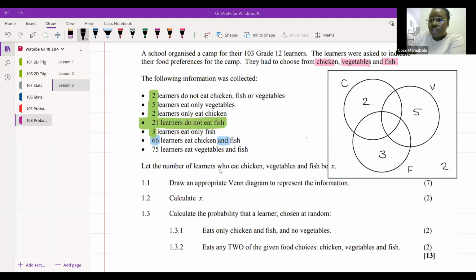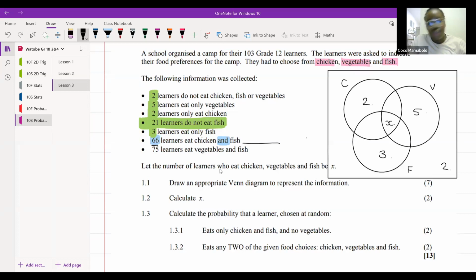Do we know how many students eat all 3? No. So what are we going to name it if we don't know how many kids eat all 3? X. Correct, we're going to name it X. Now, here's the problem we're going to have. If we take the 66 learners that eat chicken and fish, does that mean they don't eat vegetables?